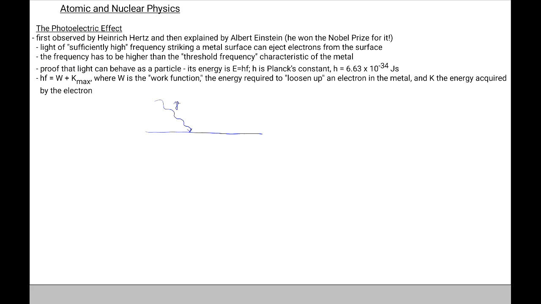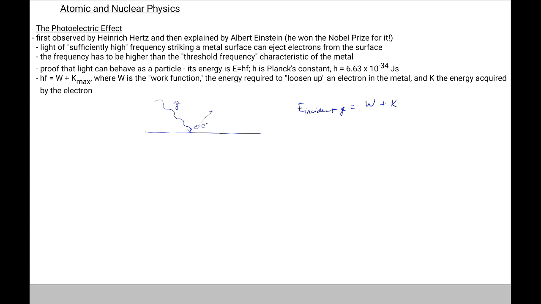So it strikes the metal and it loosens up an electron, and that electron will then get ejected from the metal. So then, by conservation of energy, we'll say that the energy of the incident photon is equal to the work function, so that's energy required to loosen up the electron, plus whatever kinetic energy the electron will acquire.